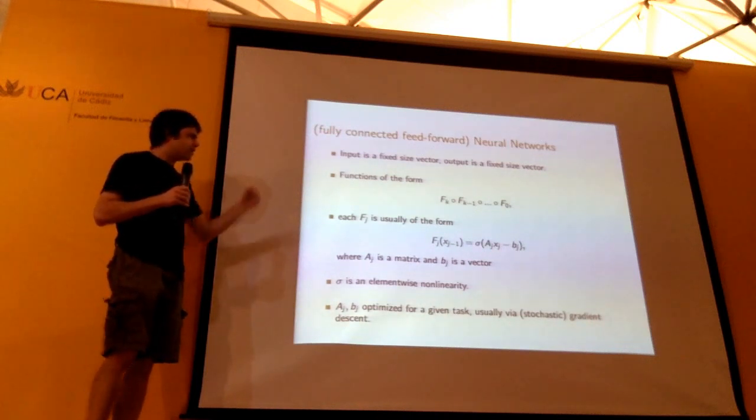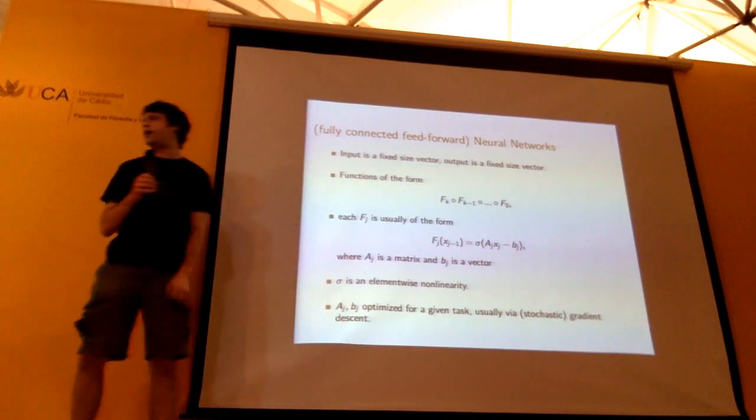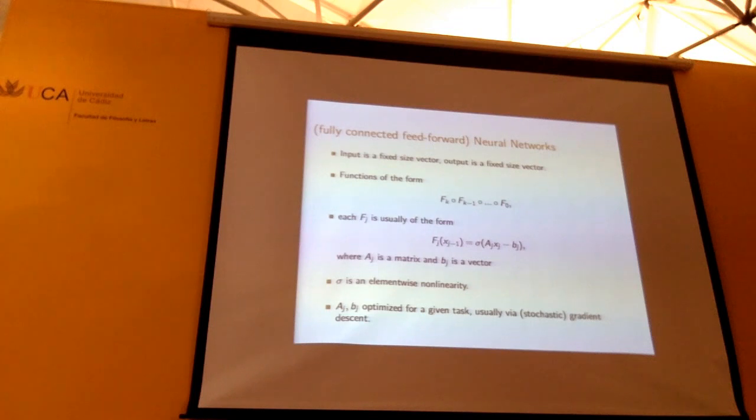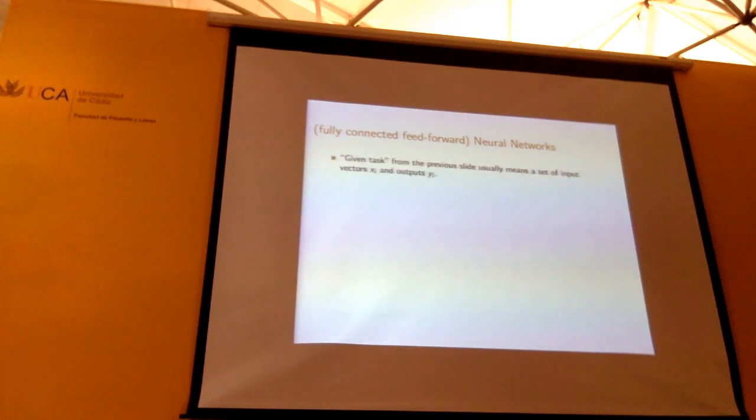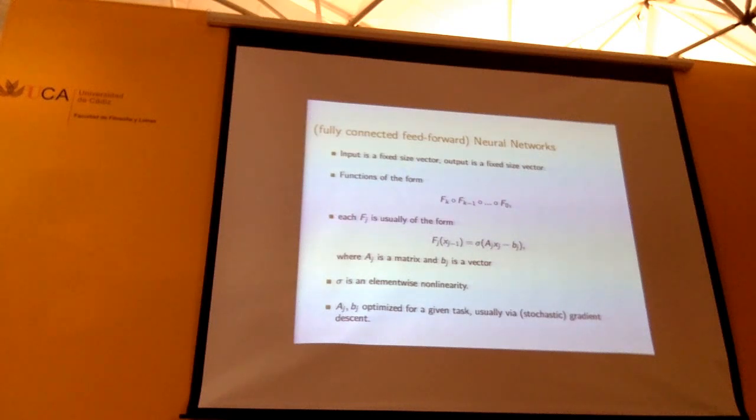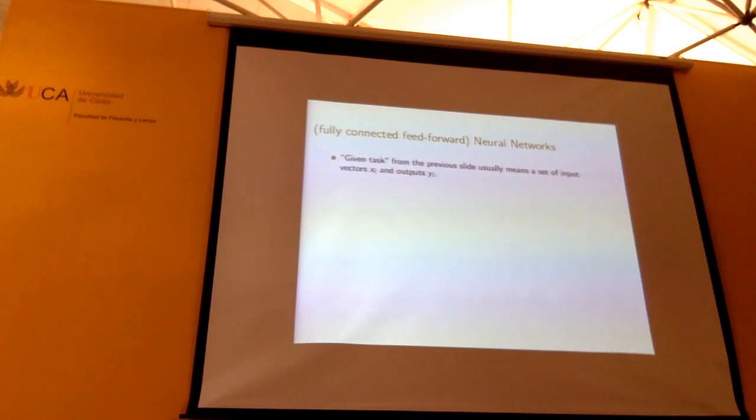And usually you optimize A and B via stochastic gradient. So let me say a bit more terminology, since we'll need some ideas later. When I say a given task, it usually means a choice of objective function, a choice of loss function, and a data set.